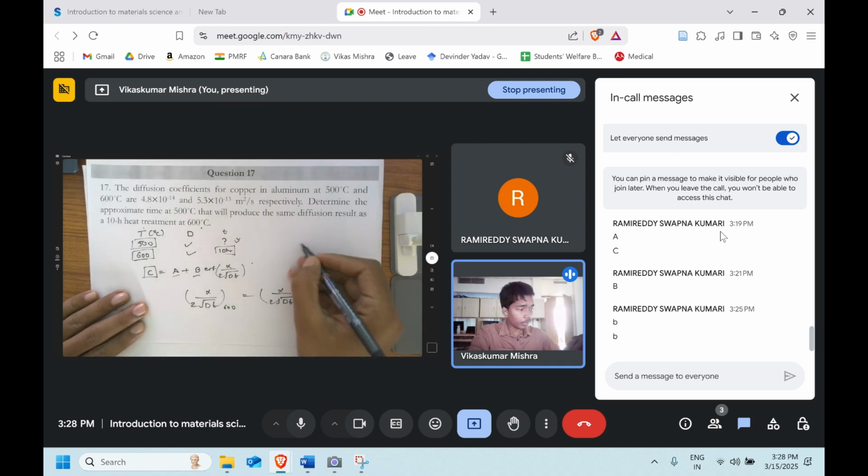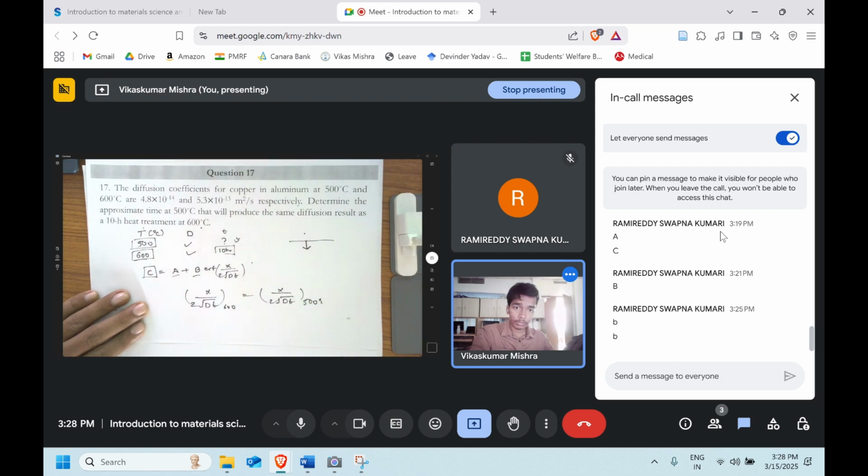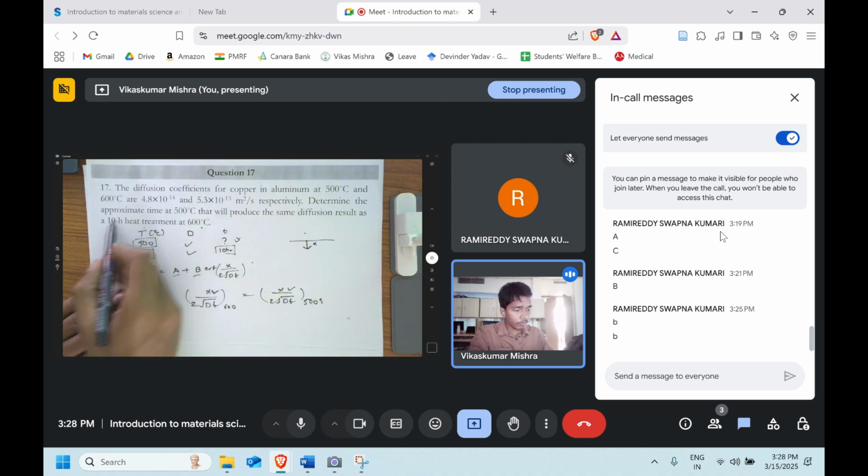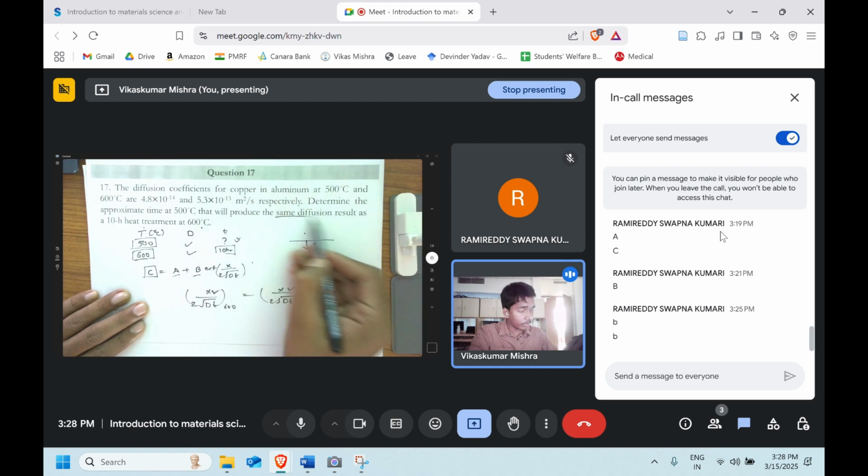Let's say this is a surface. From the surface to whatever depth I go, I should find the same concentration. Whatever the depth I go, I should find the same thing. The concentration should be the same. So this is also the same for both cases since we want the same diffusion result.